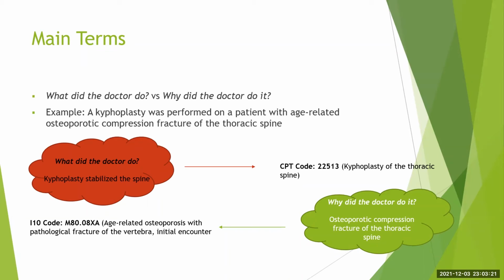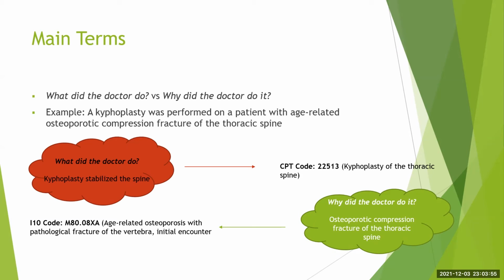So for this one, the diagnosis is osteoporotic compression fracture of the thoracic spine, and that would be ICD-10 code M80.08XA. To determine the procedures from the documentation, the coder is going to ask themselves, what did the doctor do?